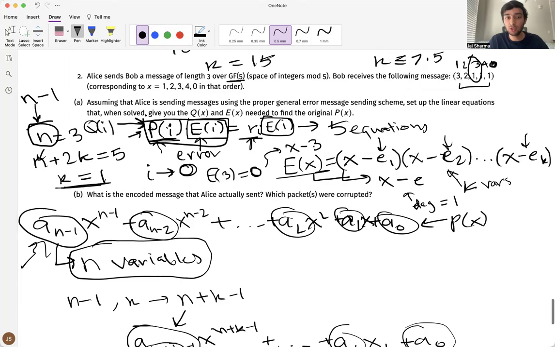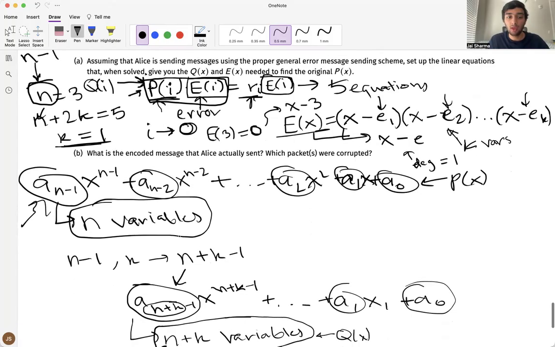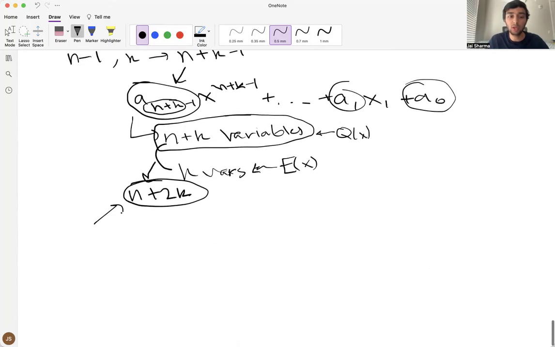So how many equations do you have? You have as many as the number of points you get, right? And we're saying that we're going to send n plus 2k points. So we have n plus 2k equations, which is the number of equations. And that's also the same as the number of variables that we're trying to solve for.